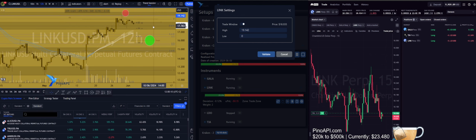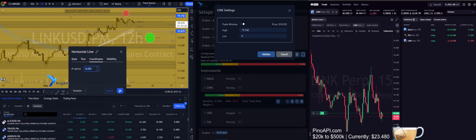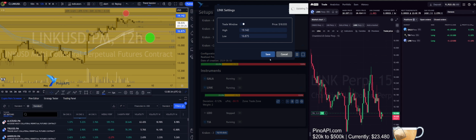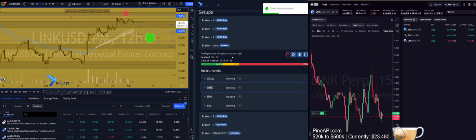Okay, so we're beneath the daily. That's kind of bearish though. So instead of front running the daily, we're just gonna look at key levels. I think the daily 200 is quite significant, so we're just gonna front run it at these lows. It's never wrong to have a tight trade window on Mars Attack.